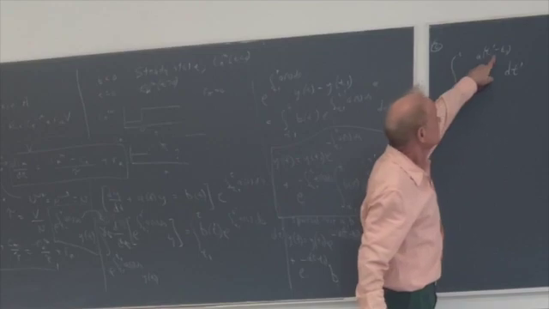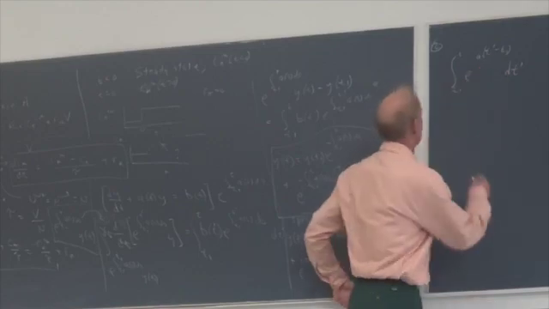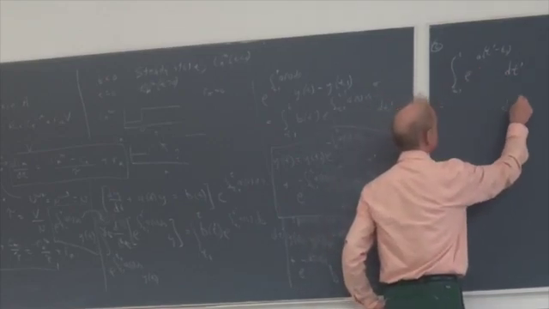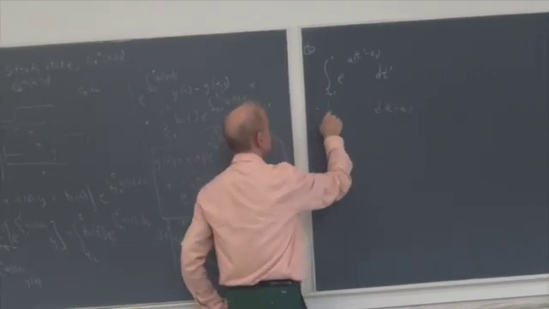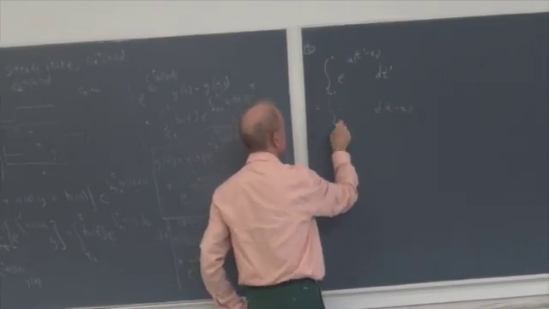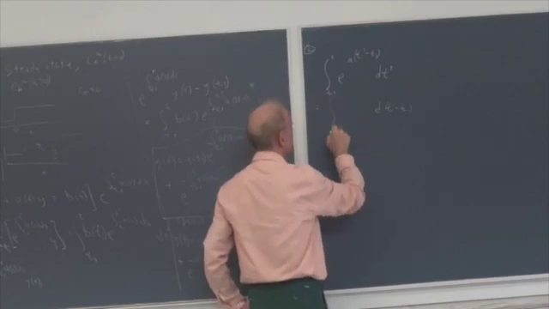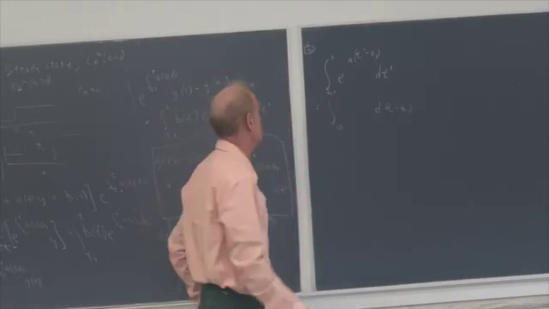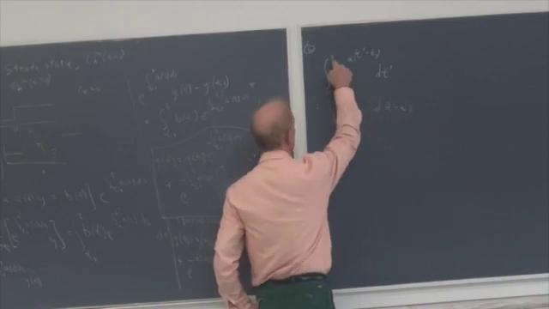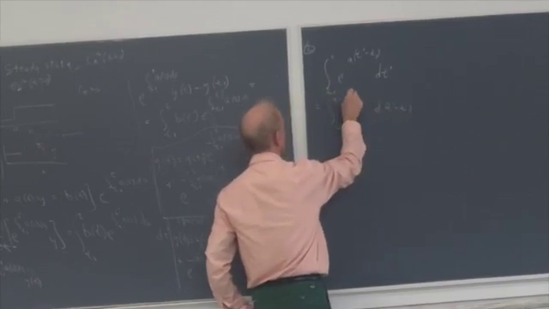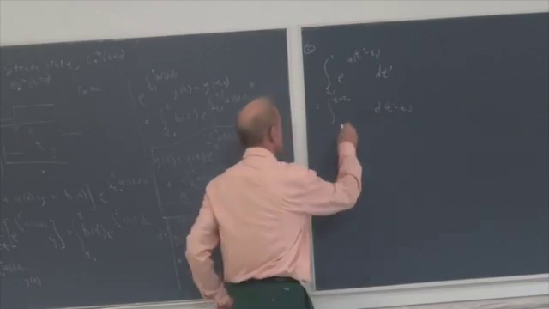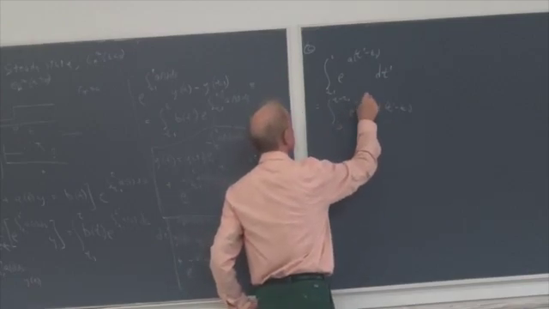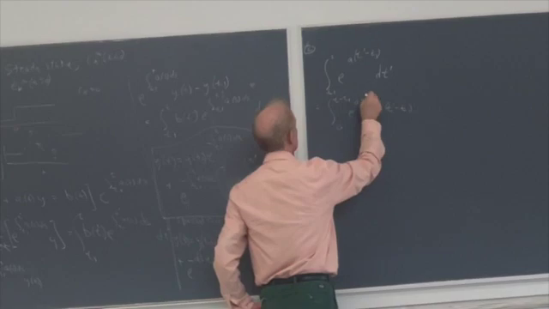Well, notice t1 is a constant, so I can change variables to t prime minus t1, and just change the limit of integration. If t prime is t1, t prime minus t1 is 0. And then all I have to do is take t minus t1. So I change variables from t prime to t prime minus t1. And this is e to the a t prime minus t1.